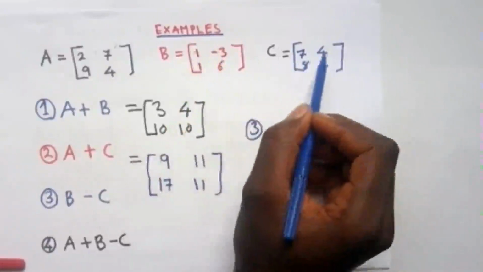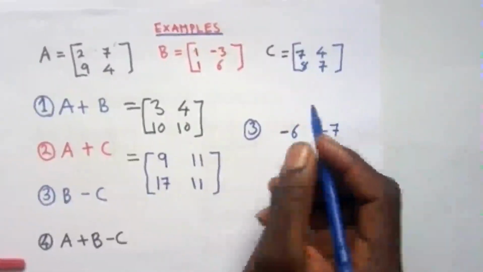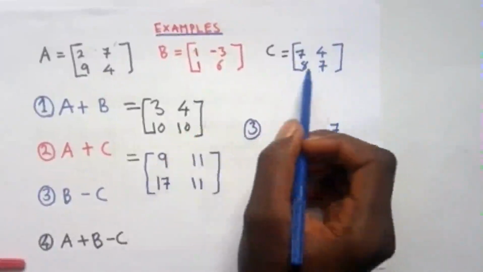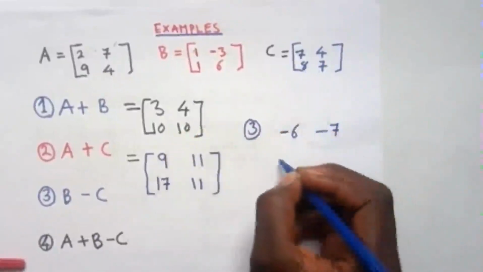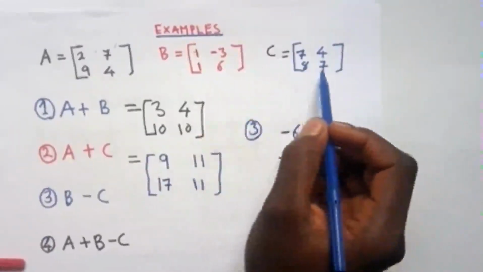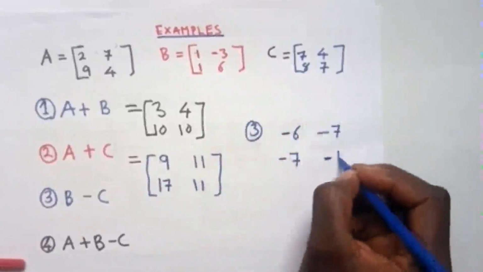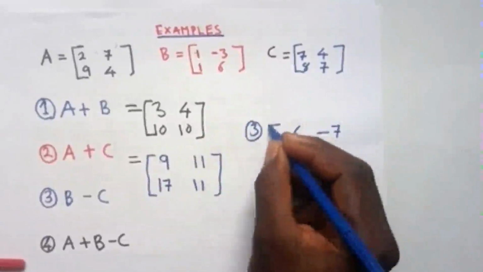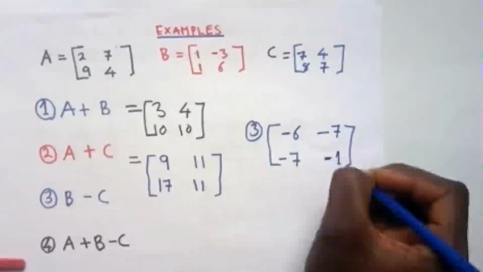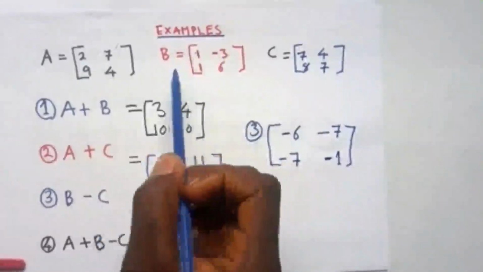Minus 3 minus 4 gives us what? Minus 7. 1 minus 8 gives us what? Minus 7. And 6 minus 7 gives us what? Minus 1. So this is the new matrix you will get when you subtract C from B.